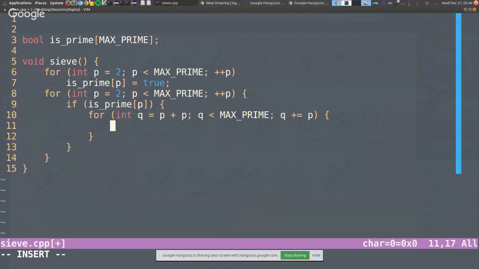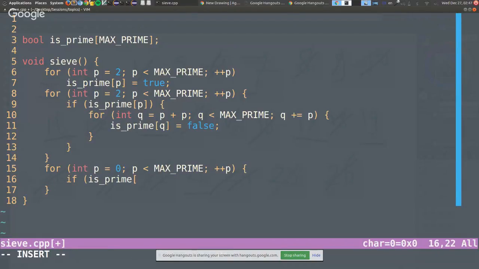Here you can see this is the inner loop of going through the multiples. So start with the multiple at 2 times p, or equivalently p plus p, and we move with the step p. Here we unmark it. It's not a prime anymore. And go to the next one.